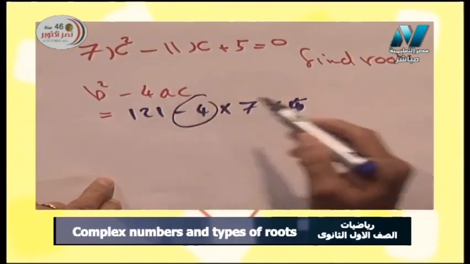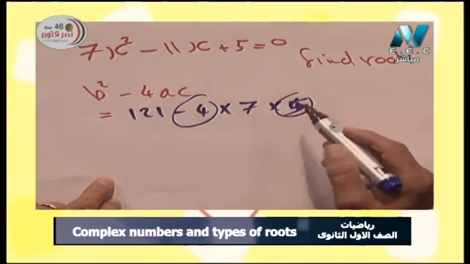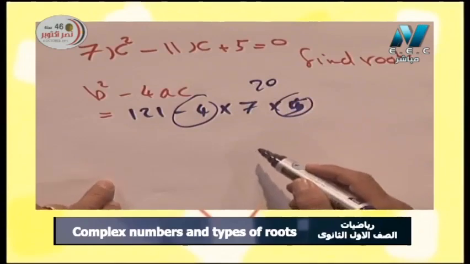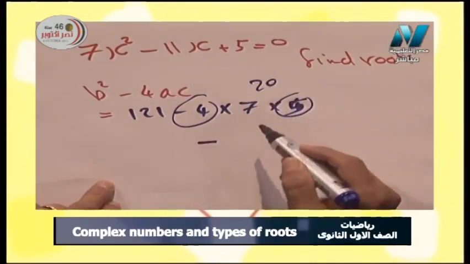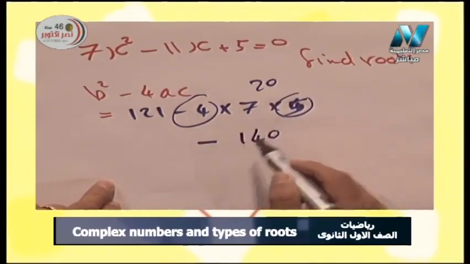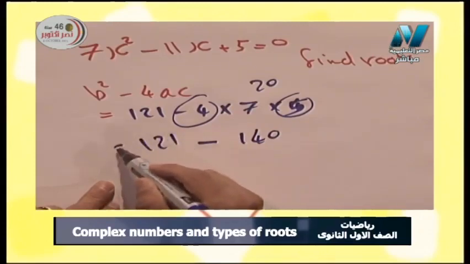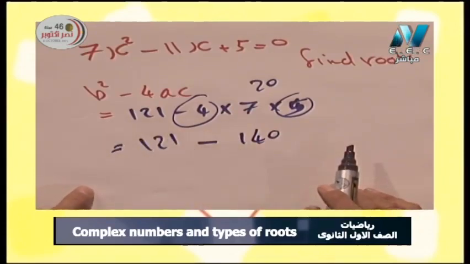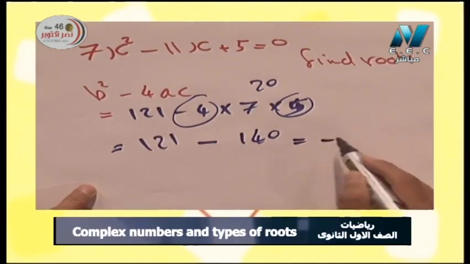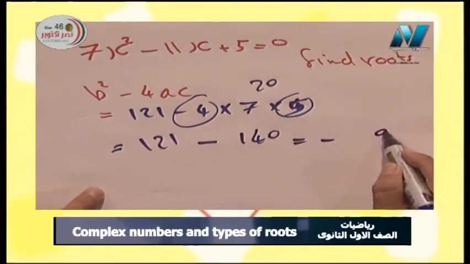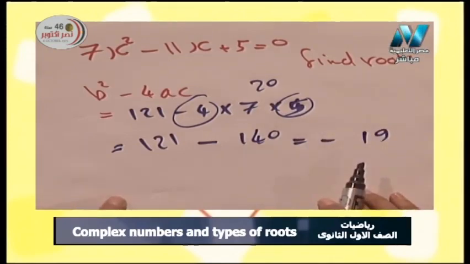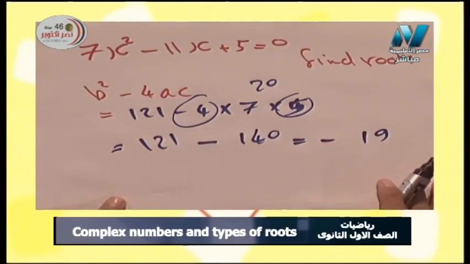Mentally, 4 times 5 equals 20, and 20 times 7 equals 140. So 121 minus 140 equals negative 19.